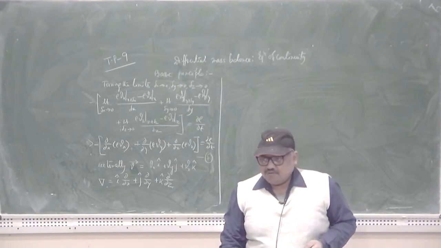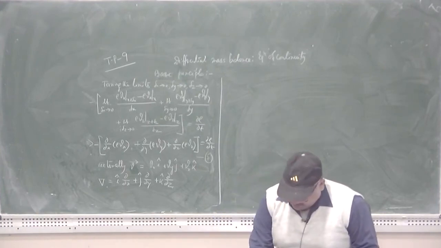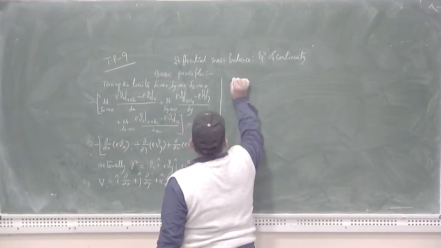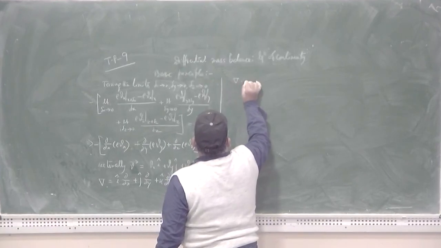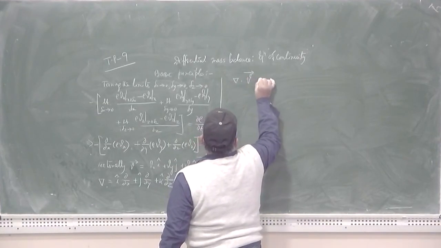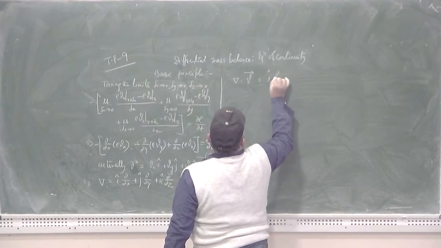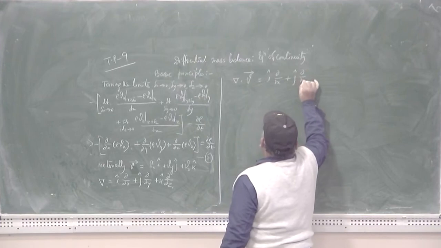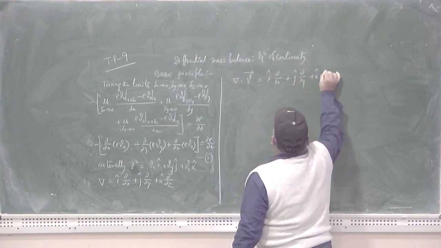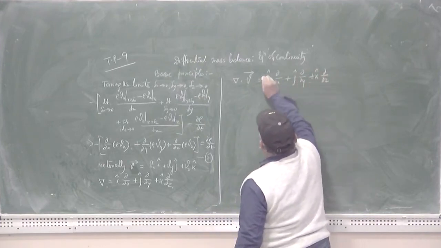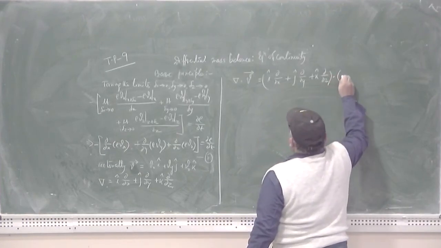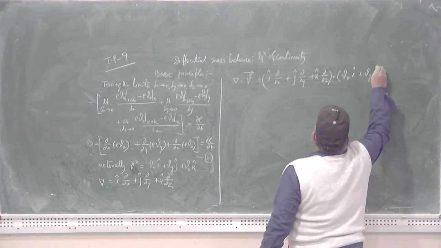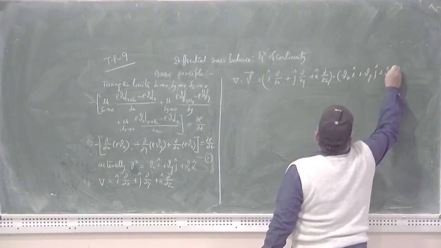Now, let us try to evaluate del vector dot V vector, that is equal to i ∂/∂x plus j ∂/∂y plus k ∂/∂z, dot Vx i plus Vy j plus Vz k.